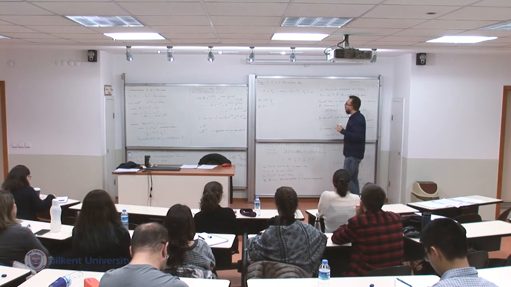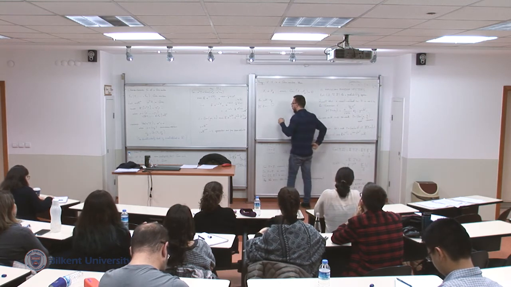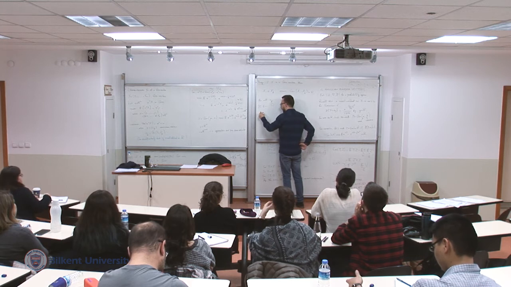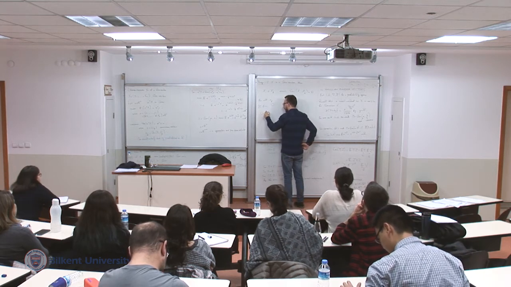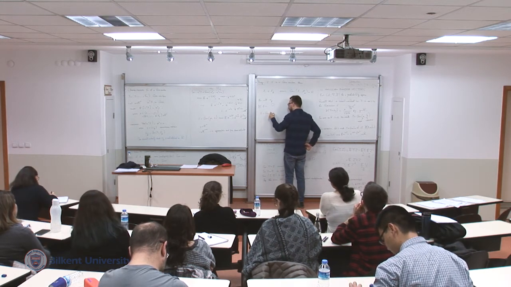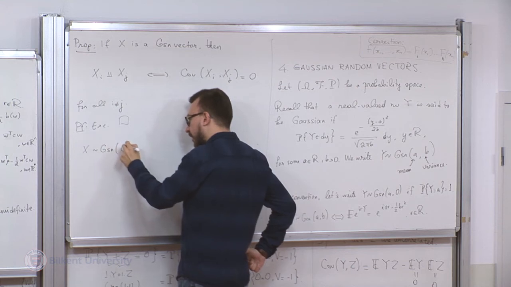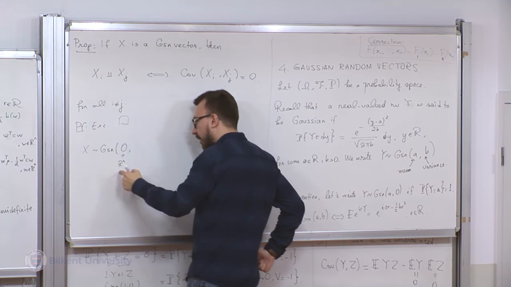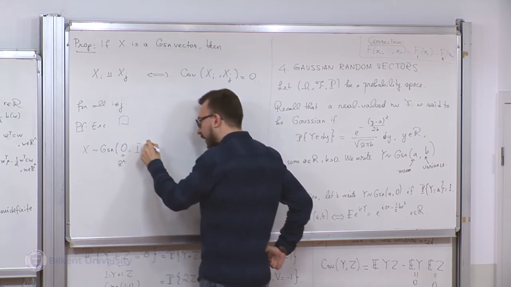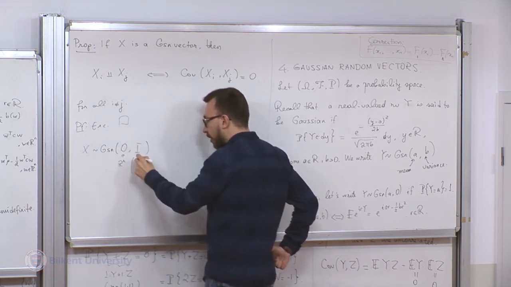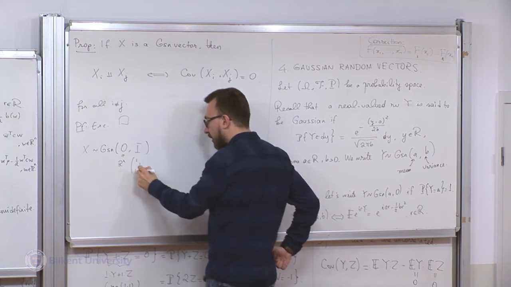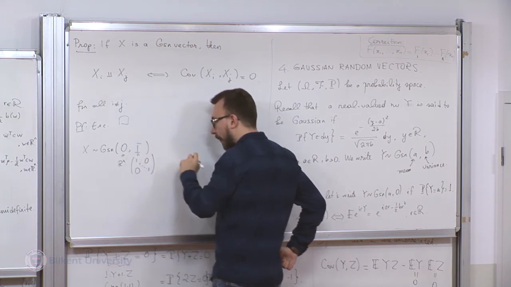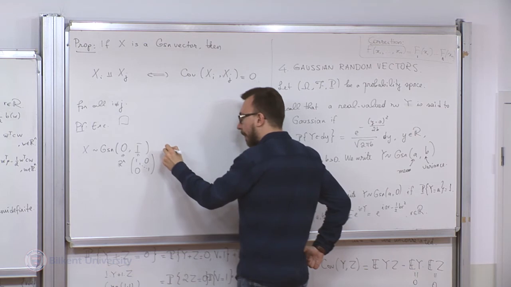Okay. So one consequence of this is that if you have X with Gaussian distribution, a vector with mean 0, so this is in R^n, this is the 0 in R^n, and covariance matrix is the identity matrix, so 1, 1, 1, and zeros everywhere else. So this means what?